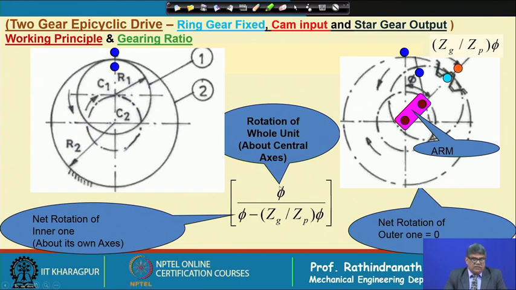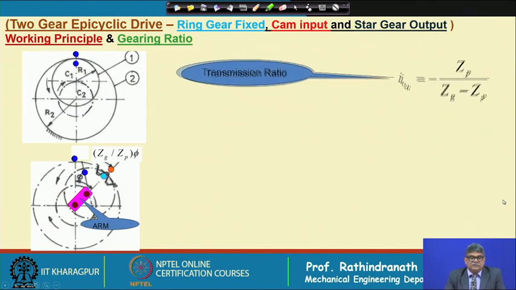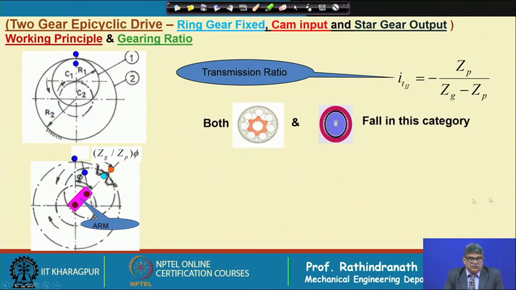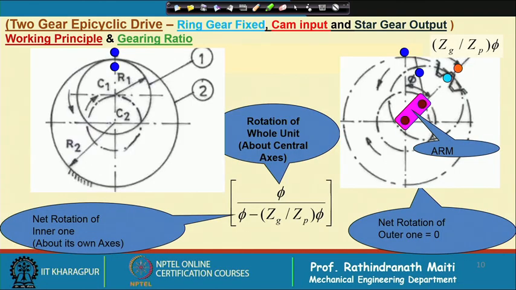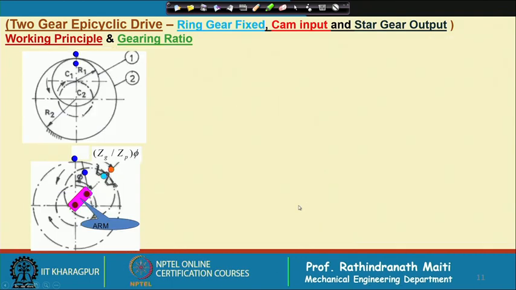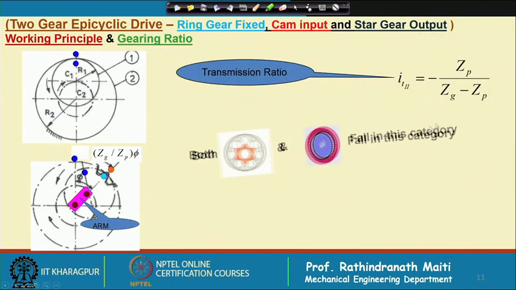So, we will find the net ratio, and from there the transmission ratio. This is I 2, designated 2 because we are keeping this ring fixed, and we get minus Z p by Z g minus Z p. If we equate this with the earlier one, we arrive at this.